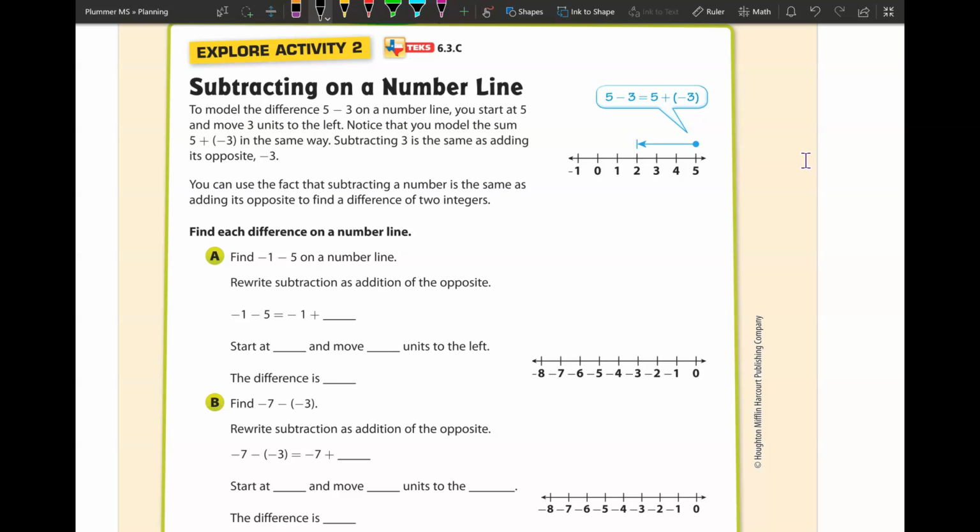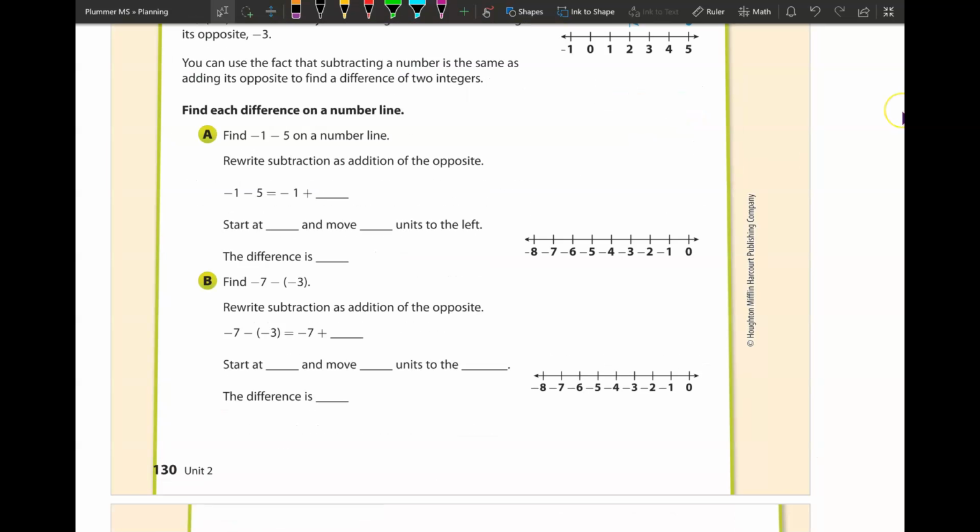You can use the fact that subtracting a number is the same as adding its opposite to find the difference of two integers. So find negative 1 minus 5 on a number line. Rewrite the subtraction as addition of the opposite. Negative 1 minus 5 equals negative 1 plus the opposite of positive 5, which is negative 5.